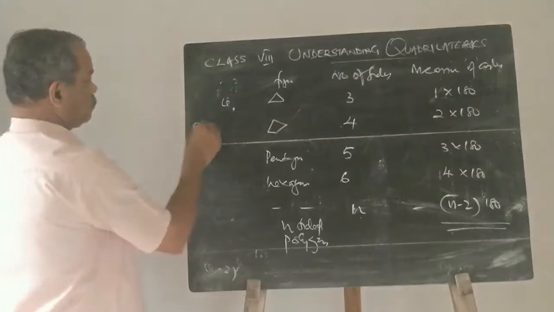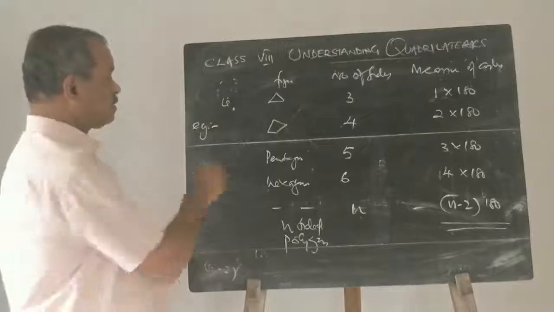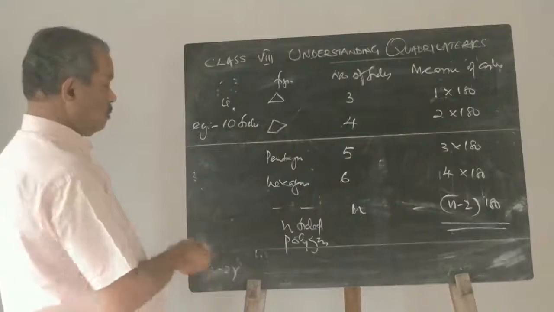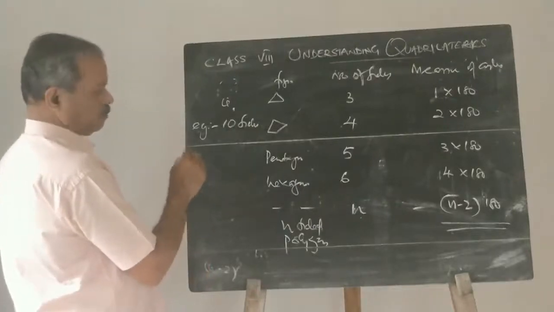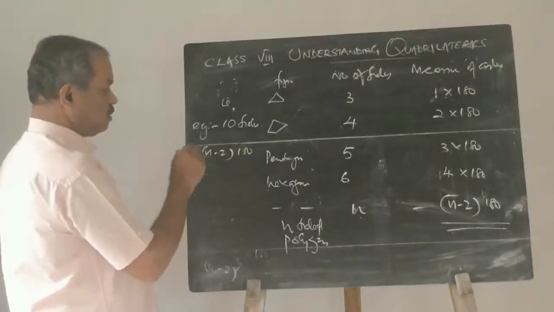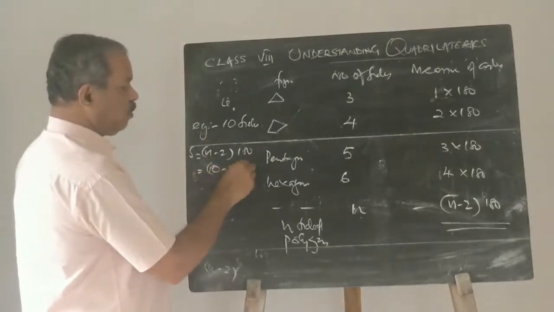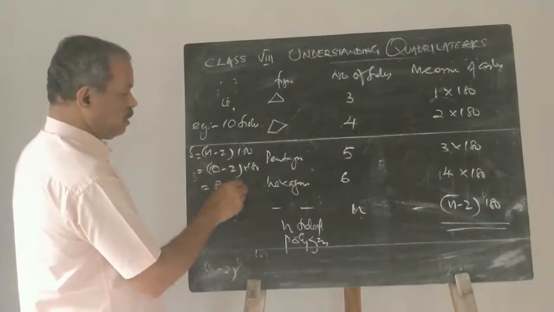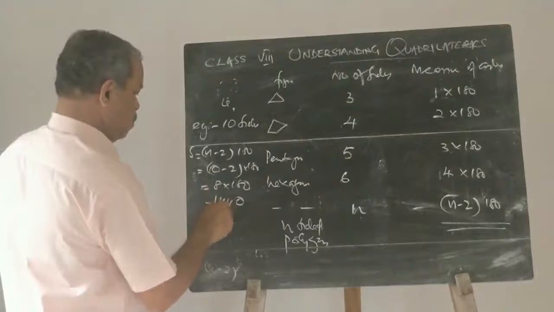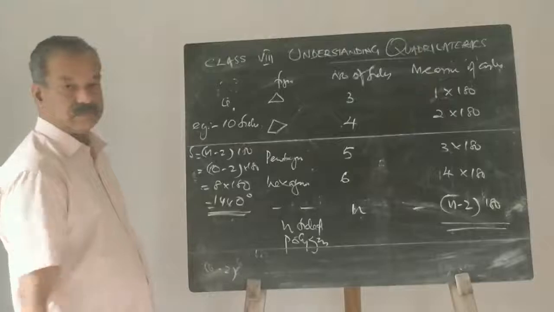For example, what will be the sum of all the interior angles of a 10-sided polygon? The sum of all the angles is n minus 2 into 180. For a 10-sided polygon, 10 minus 2 into 180, that is 8 into 180, which is 1440 degrees.